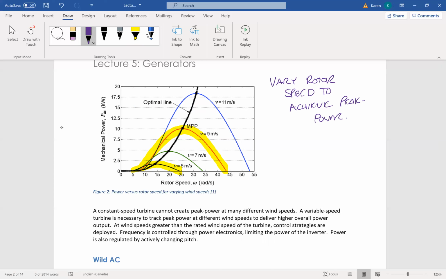And that's done by the various types of variable speed wind turbines. We call that variable speed.